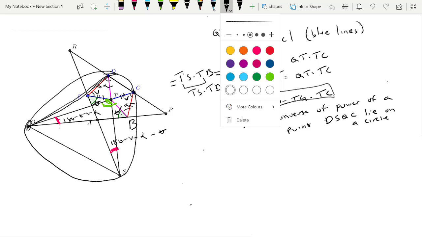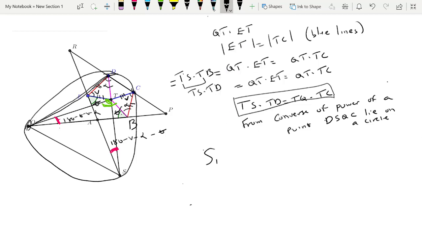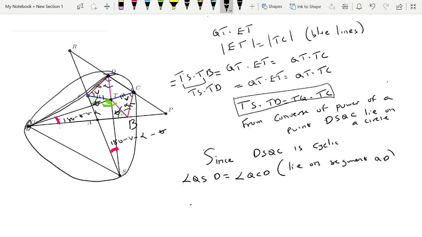Since DSQC is cyclic, like the points on a circle, that means angle QSD equals angle QCD. Why? They both lie on the segment QD. You can say that from the angles on the same segment theorem in a circle, so circle geometry stuff. So what does this mean?